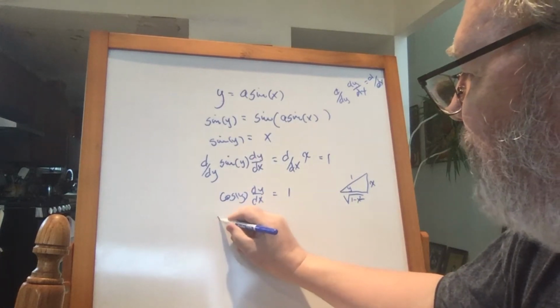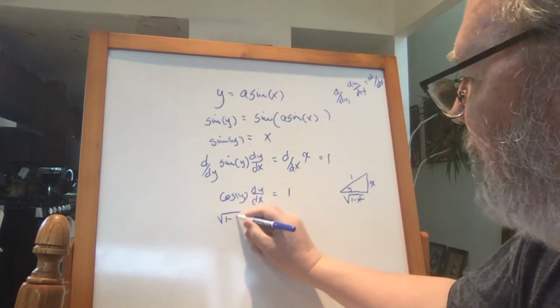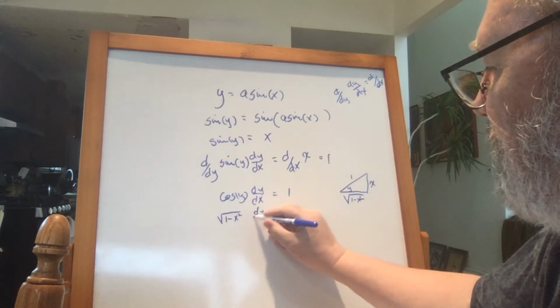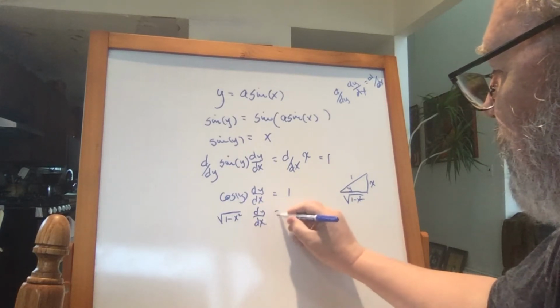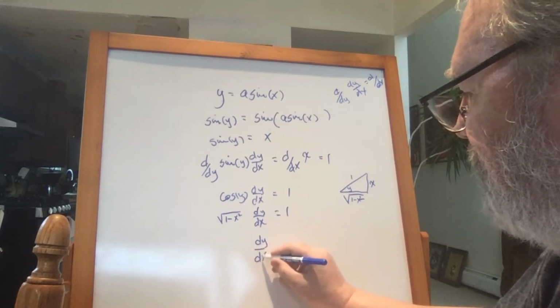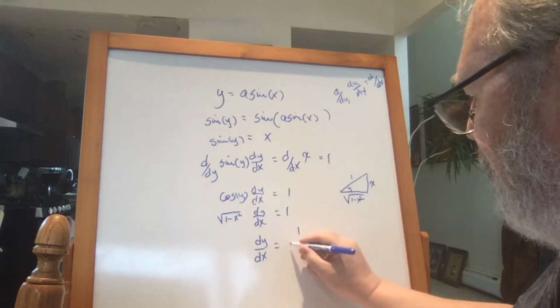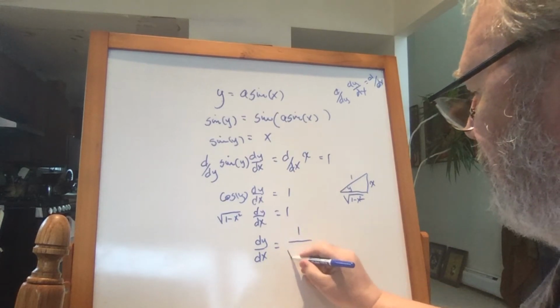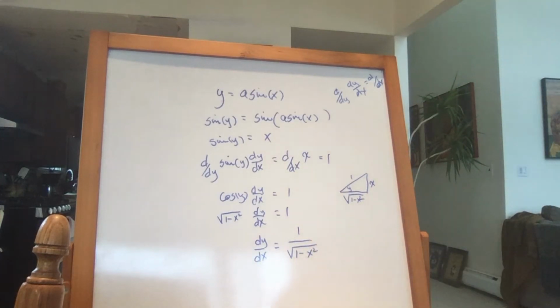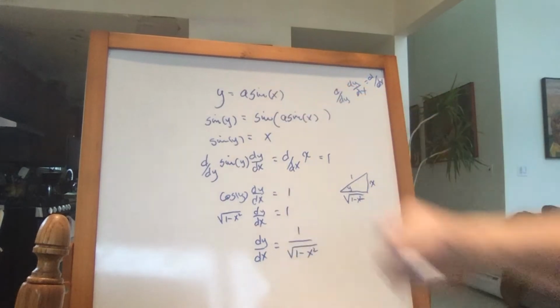So we have square root of 1 minus x squared dy dx equals 1. dy dx then equals 1 over the square root of 1 minus x squared. And that's your derivative of the arc sine.